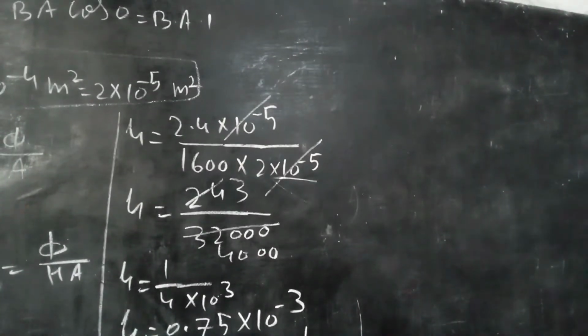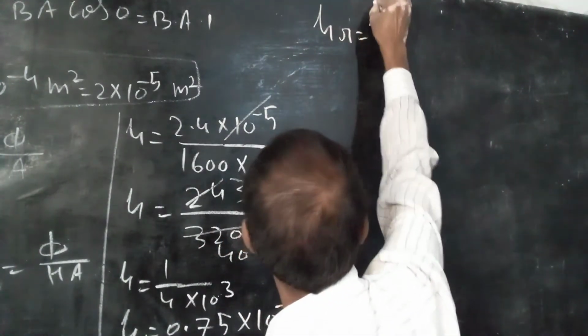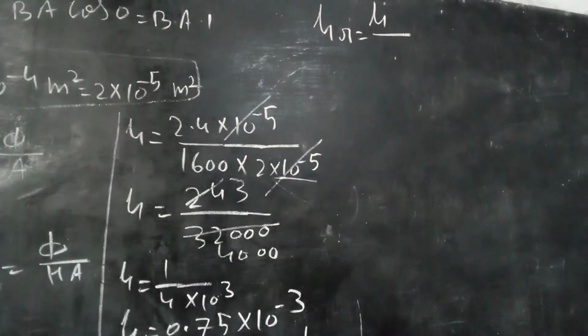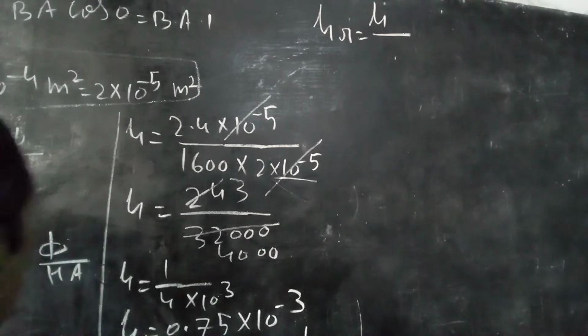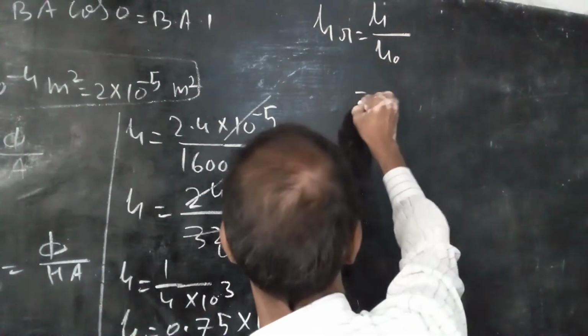Now we find relative permeability. The relative permeability is the ratio of permeability of the material to the permeability of the vacuum. So mu r is equal to mu by mu 0. So write the value.